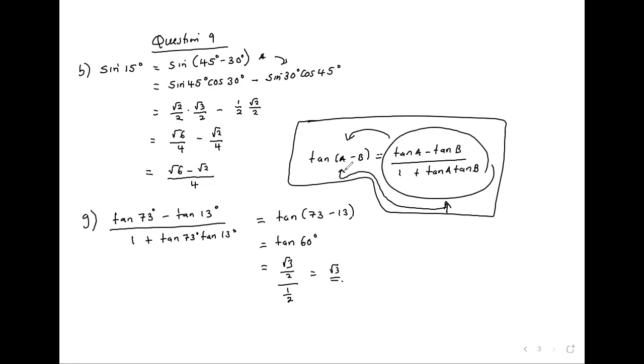Sir, where did the one half come from? Oh, I was doing tan 60. I did it in the form of sin 60 over cos 60. That's the easiest way I remember these things. Because I know sin 60, so if you just go there to say tan 60, what?